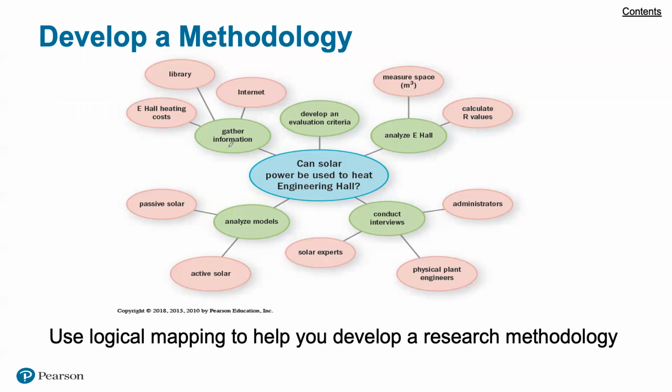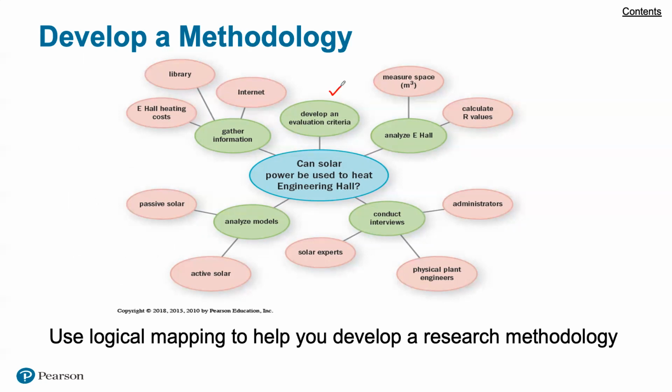Okay, so the various ways that you would gather information: you can be using the internet, the library, or, if you're looking at something specific, and we're using a solar example here, maybe you're thinking of different things that you already have in existing solar systems. Develop an evaluation criteria. This is an important part of your methodology.